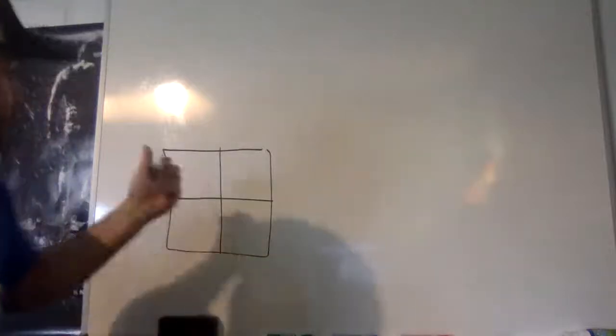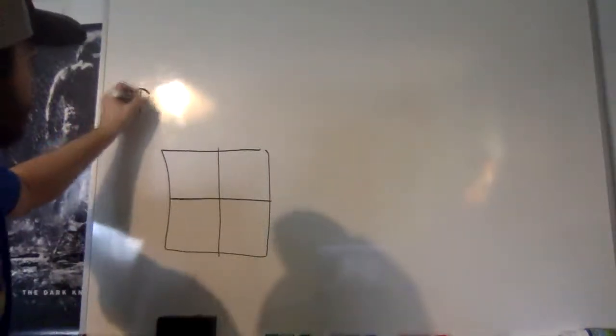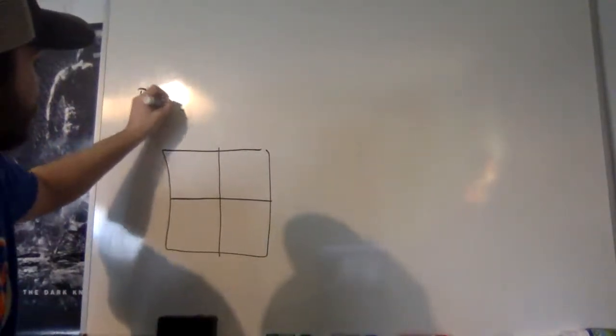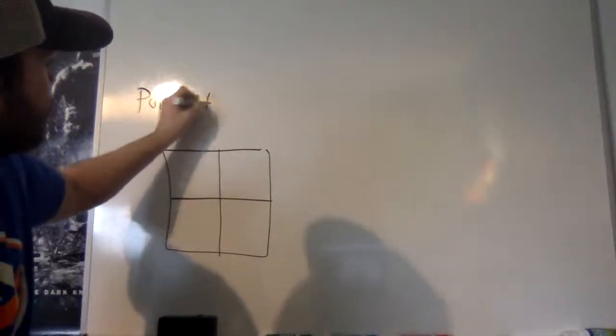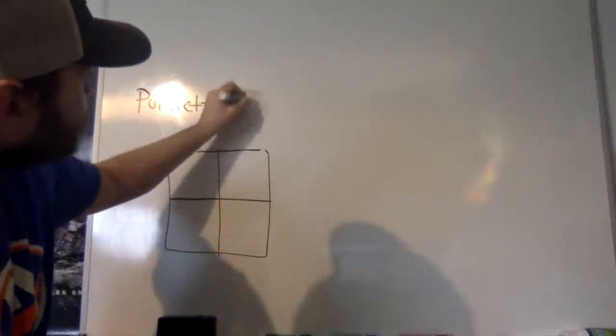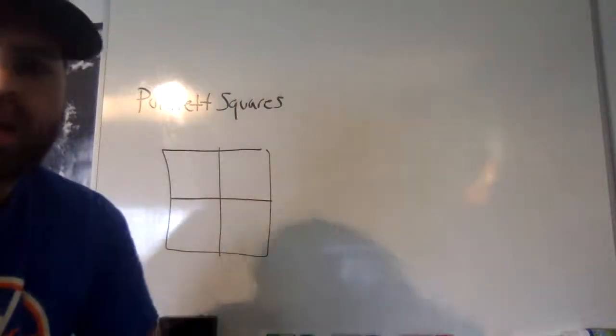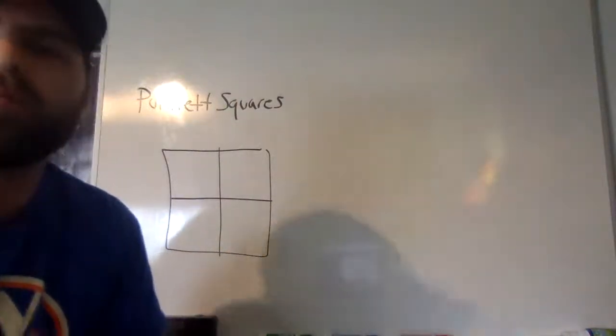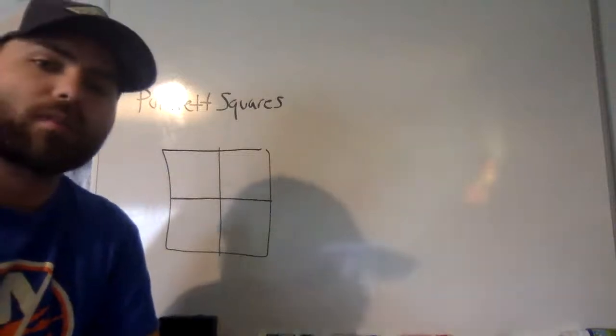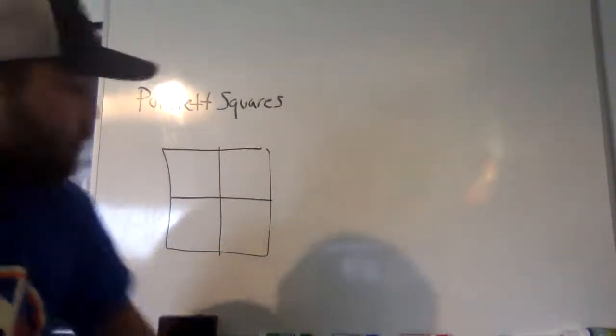Punnett square. Perfect, right? So we got Punnett squares. And we got a little bit of a glare. That's all right, though. All right, so we got Punnett squares, okay?